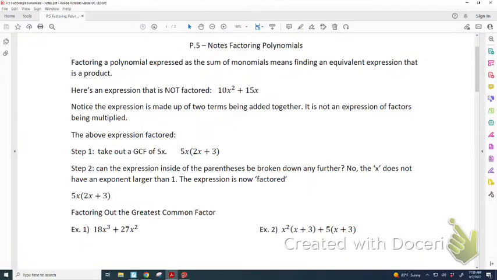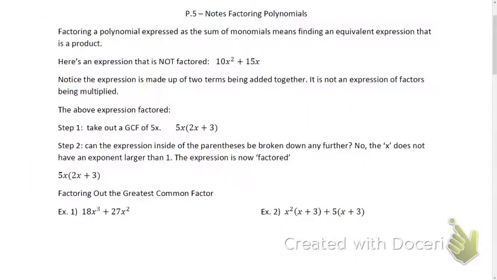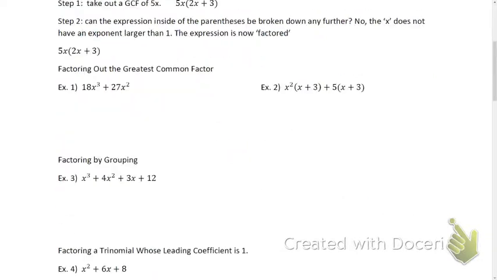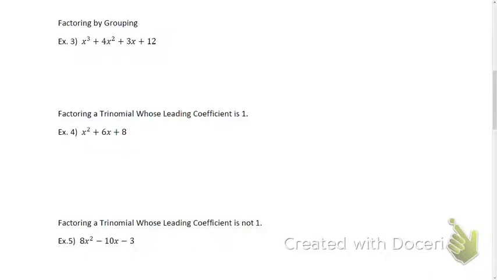So yesterday we started this handout. We did numbers 1 and 2. We're going to do numbers 3 and 4 today. And we're going to start out with factoring by grouping. And it's a little tricky, so I'm going to write down some steps.